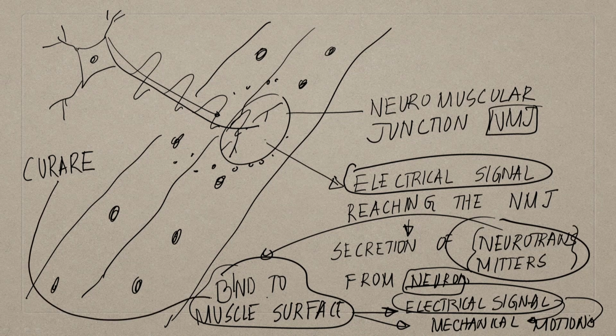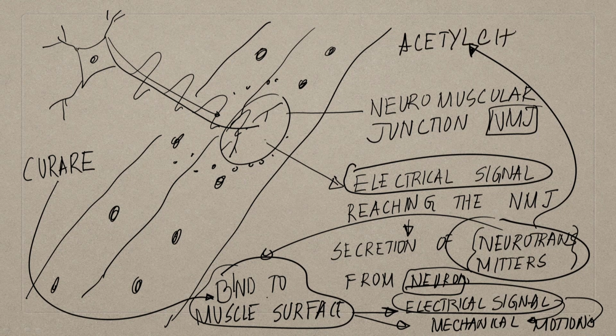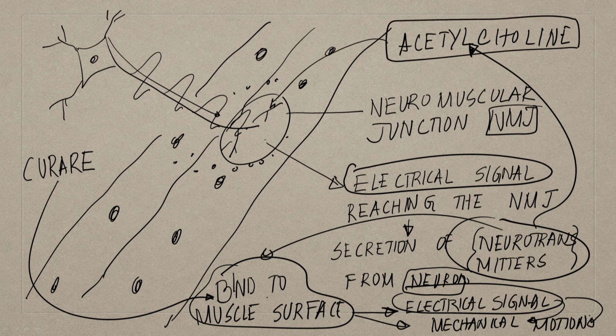Curare goes and binds there. And when curare binds there, automatically the cations cannot enter, because most of these neurotransmitters at the neuromuscular junction are acetylcholine. This neurotransmitter goes and binds out here onto the muscle. So, it is secreted from here and it goes and binds to the muscle.